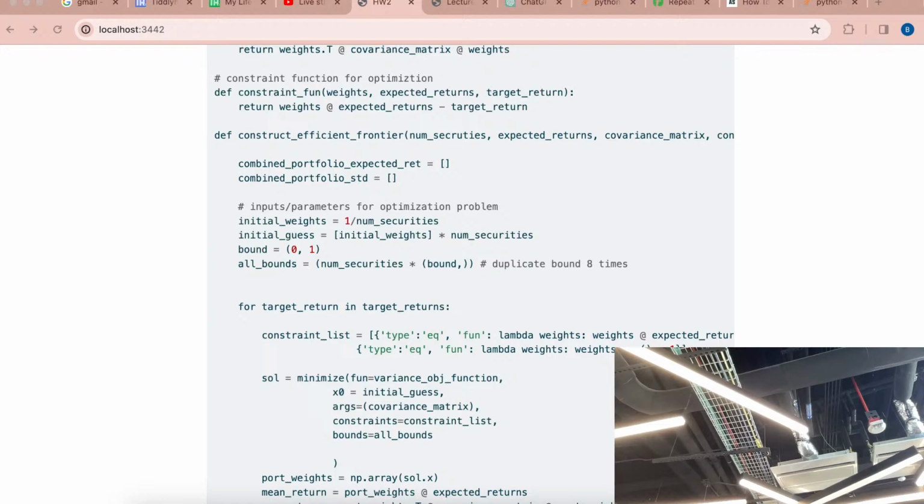I feel like that is a possible constraint, because if you are 200% levered long, you need to be also maybe 100% short on something to compensate. Or maybe it can just be 200. Alright, so let's see.